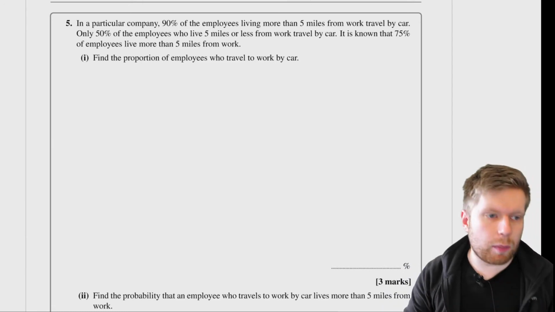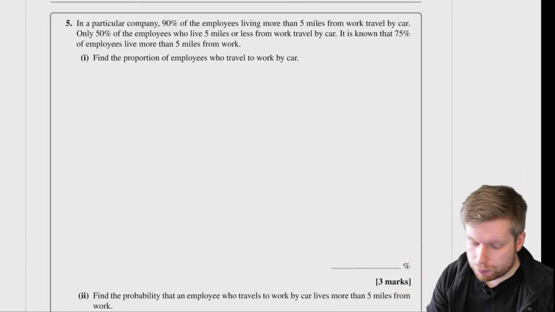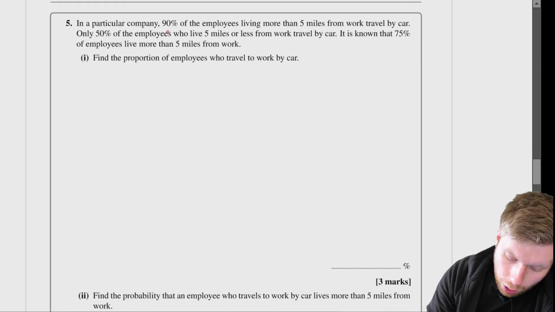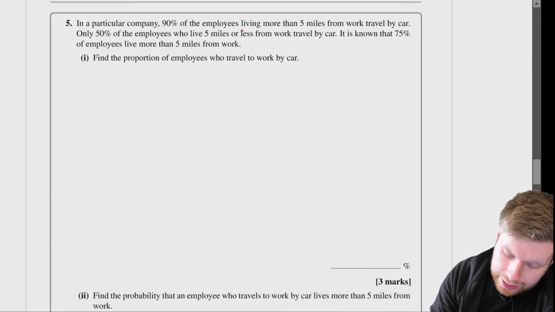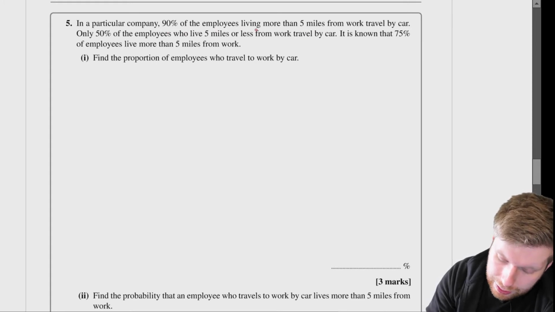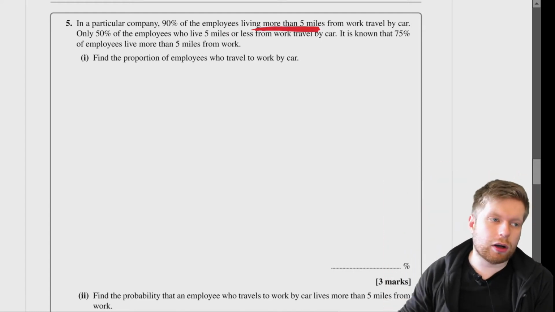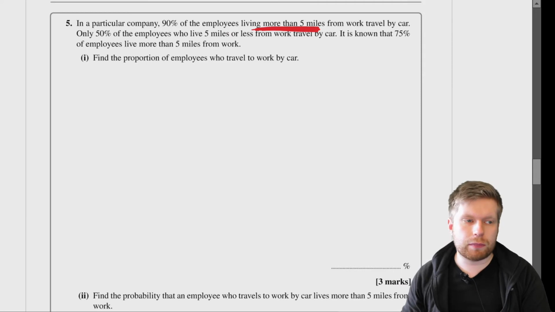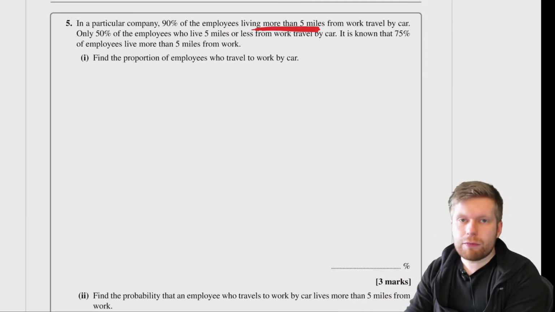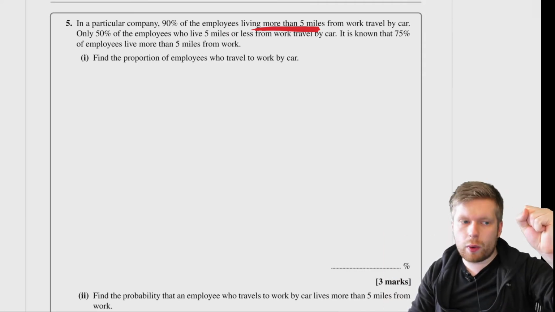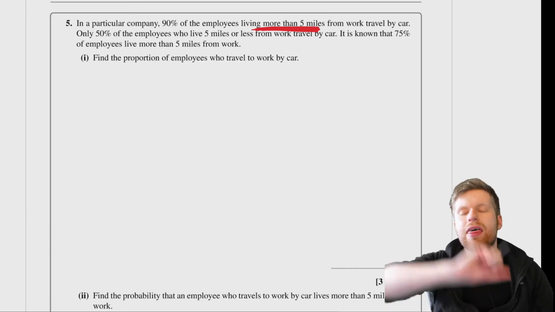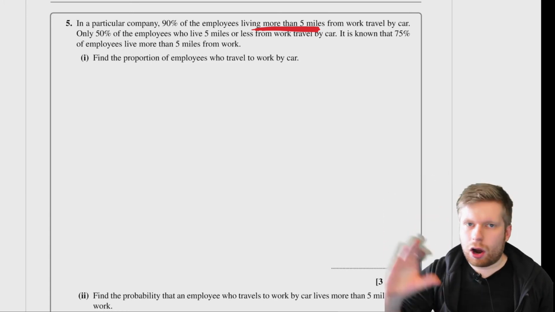Now look at that first statement because it will tell you which order you have to draw your branches in. We're told that of the 90% of employees living more than 5 miles from work, so that has to come first, then they travel to work by car. So we're basically given the information in that order. So if you live more than 5 miles from work, so we already know whether they live more than 5 miles from work or not, then they travel to work by car or not.